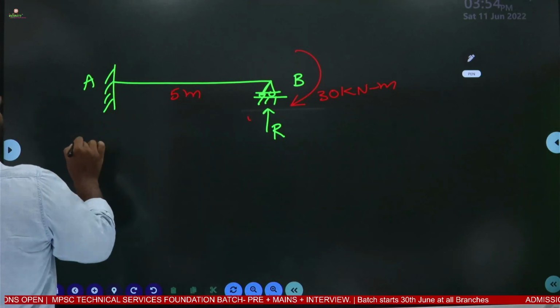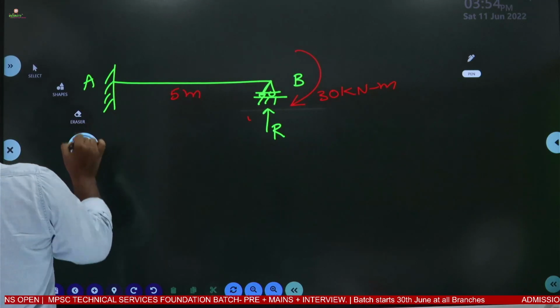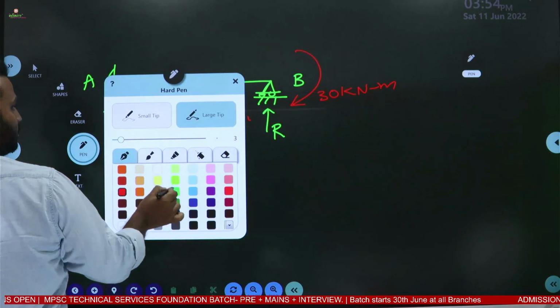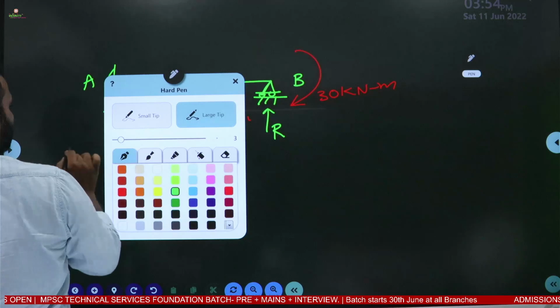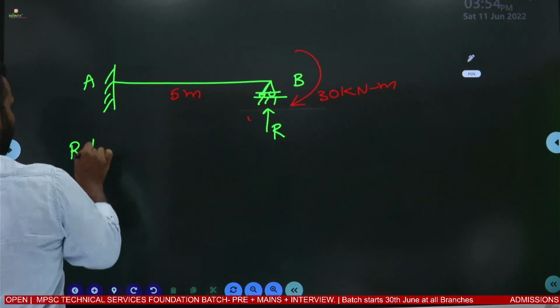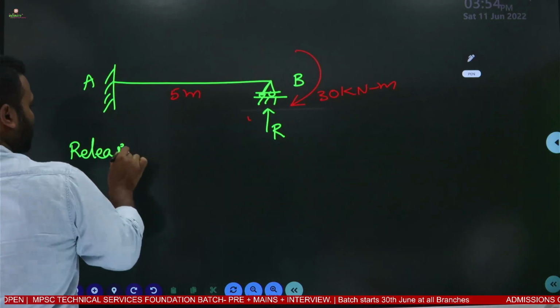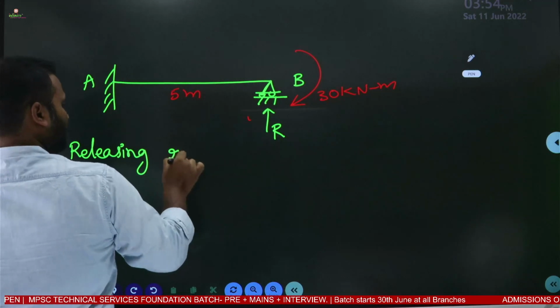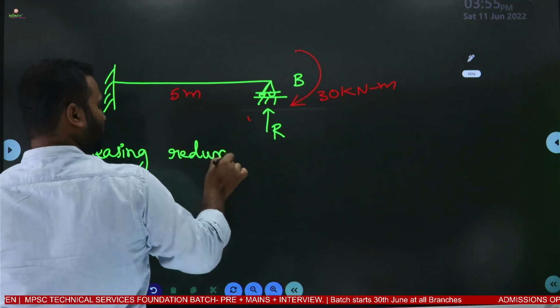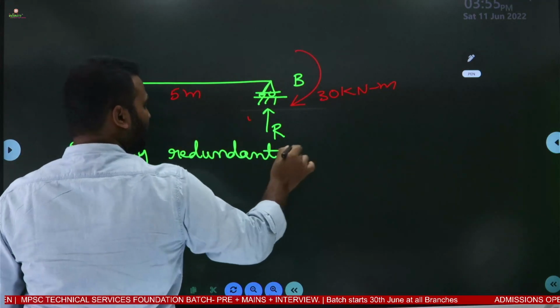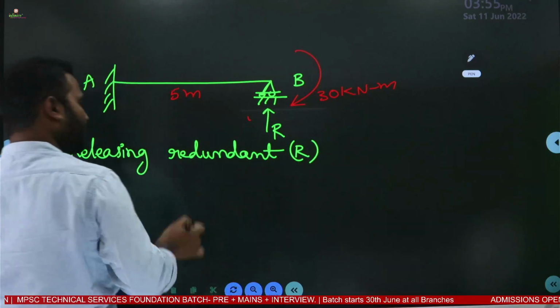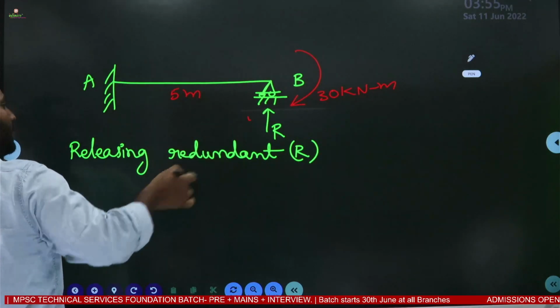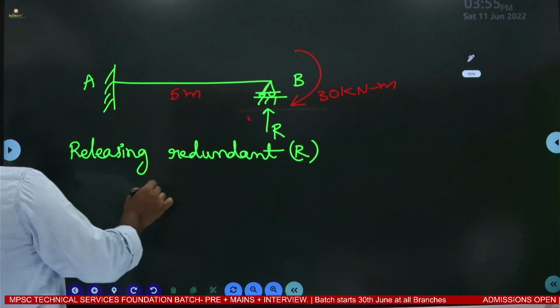Now, releasing the redundant. Here the redundant is R. Upon releasing the redundant, we will get a primary structure.